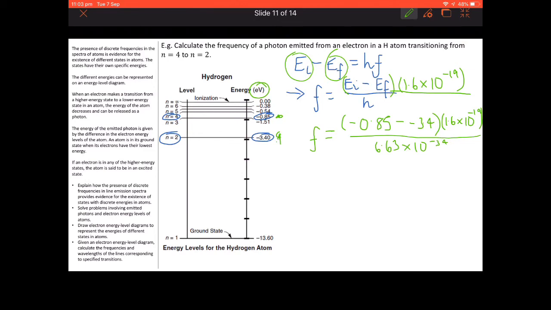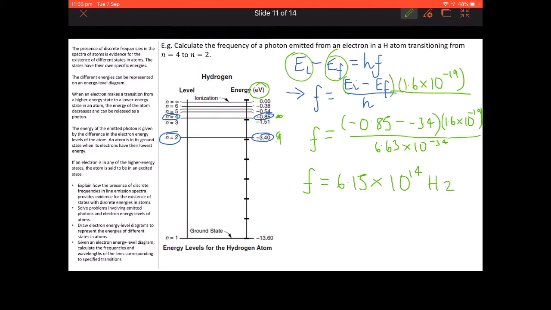If you were to then pop everything into your calculator, you'd end up with 0.85 plus 3.4, and whatever that is multiplied by 1.6 by 10 to the negative 19, and then dividing that whole thing by 6.63 by 10 to the negative 34, you'll end up with a frequency of 6.15 times 10 to the 14 hertz.